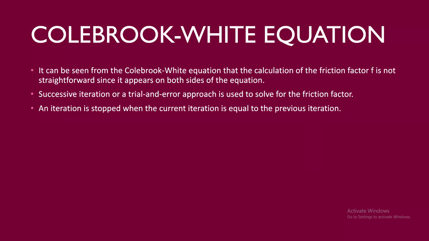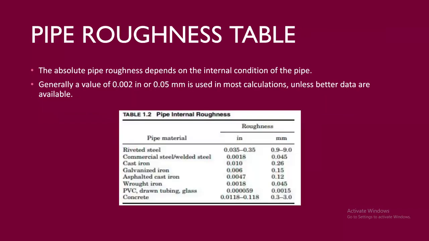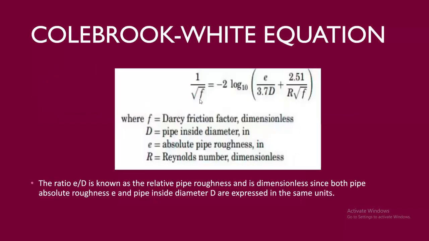Colebrook equation. It can be seen from the Colebrook equation that the calculation of the friction factor is not straightforward since it appears on both sides of the equation. As you can see, you have your friction factor on both sides.